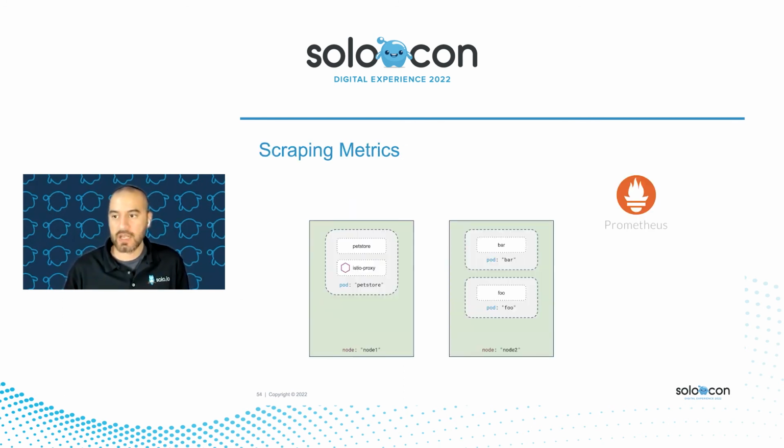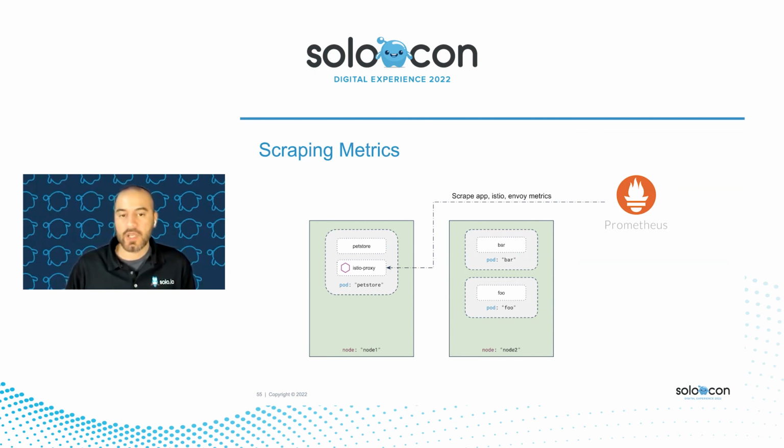So to look at that again, in this example, we have the 3 pods. In this case, they're running on 2 different nodes, and only the pet store in this example has the Istio proxy injected. Only this is part of the service mesh. The foo and the bar pods are not. They haven't been onboarded yet. And so when we're using a Prometheus instance to scrape some data from the pet store app, we can go ahead and get the app data.